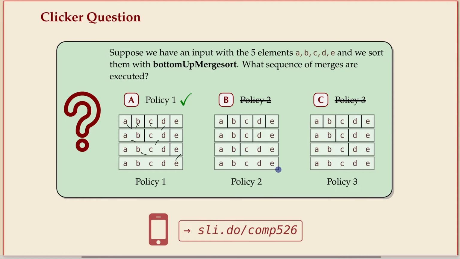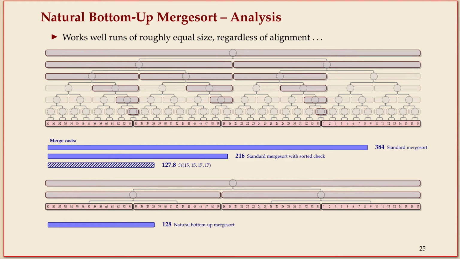Policy 2 is standard top-down merge sort. And policy 3 is the same if you round up instead of round down. Right? Good. So if we do our smart bottom-up merge sort, where we detect the runs, this is what happens. This is, again, just repetition from before. That was how top-down merge sort with the sortedness check did.